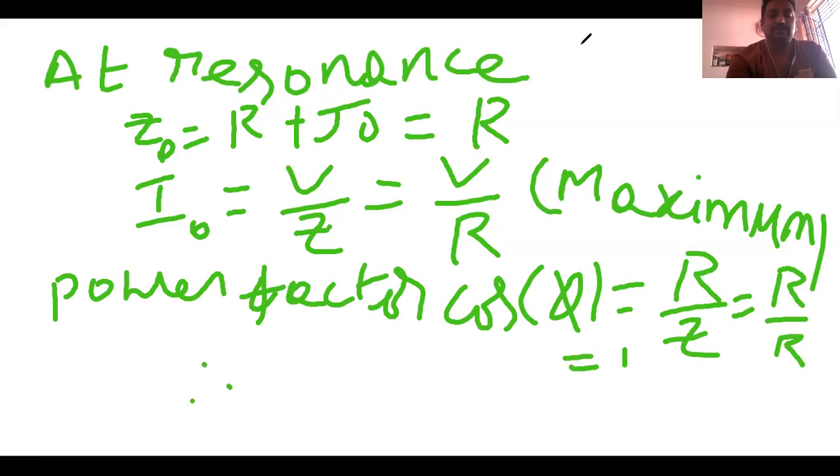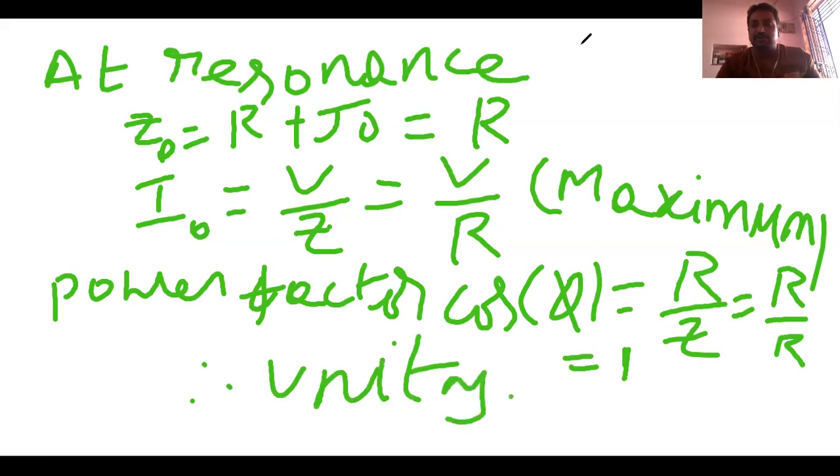Therefore, the power factor of an RLC series circuit is unity. So at resonance, Z naught is equal to the R value, the magnitude of the current is equal to V by R, which is the maximum, and the power factor at resonance should be equal to unity.